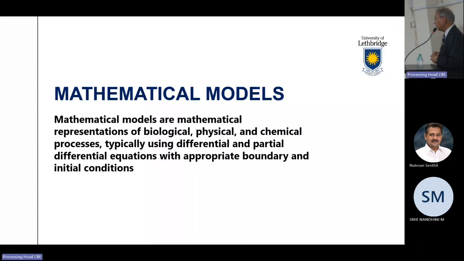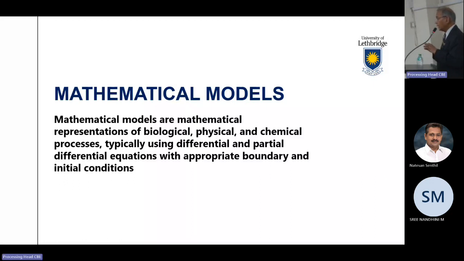Being students or staff from engineering, you would know the importance and significance of partial differential equations. To solve these partial differential equations, you need to have appropriate boundary conditions. You need to understand what's happening at the boundary, and you also need to understand what's happening at the beginning of the system. So that's the initial conditions.